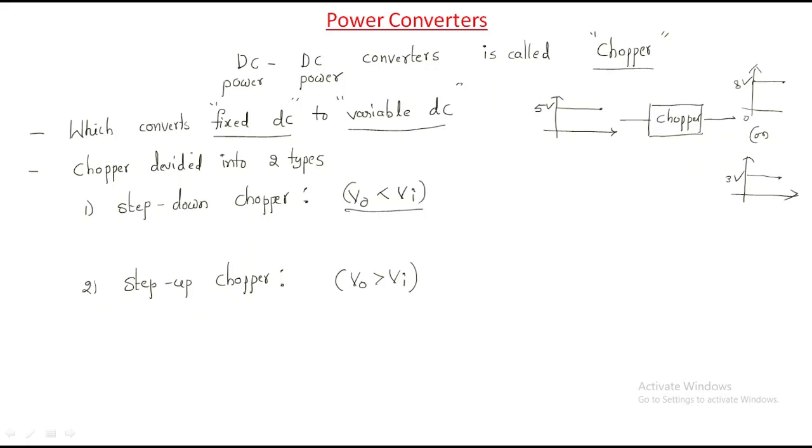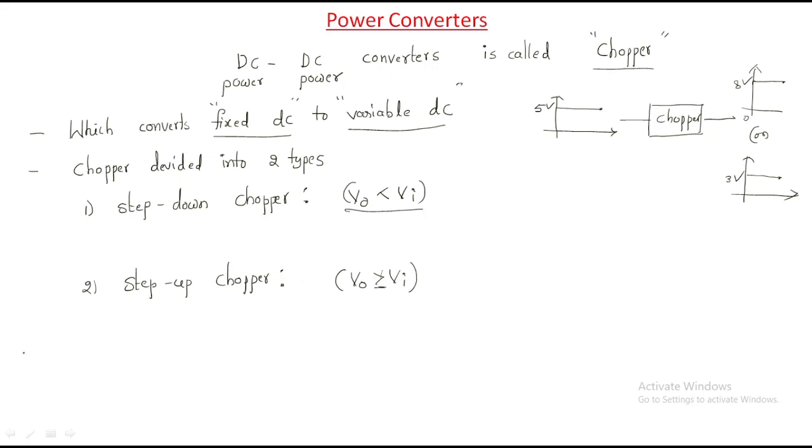Generally the chopper is of two types: one is the step-down chopper, another one is the step-up chopper. If the output voltage, the output quantity, is less than the input quantity, it is known as step down. If the output voltage is more than the input quantity, then it is called the step-up chopper.